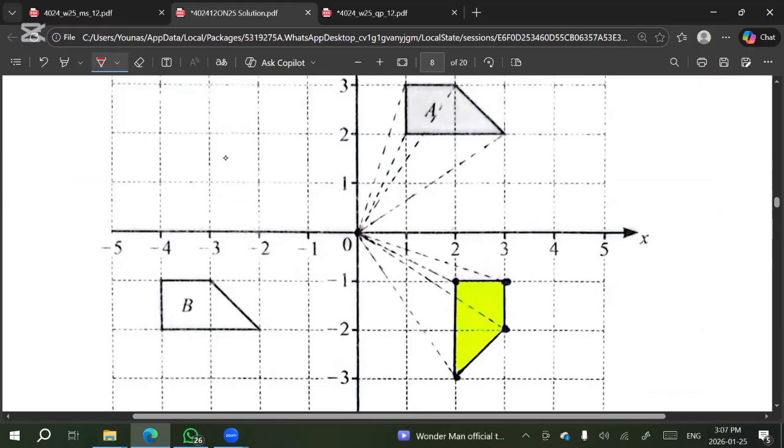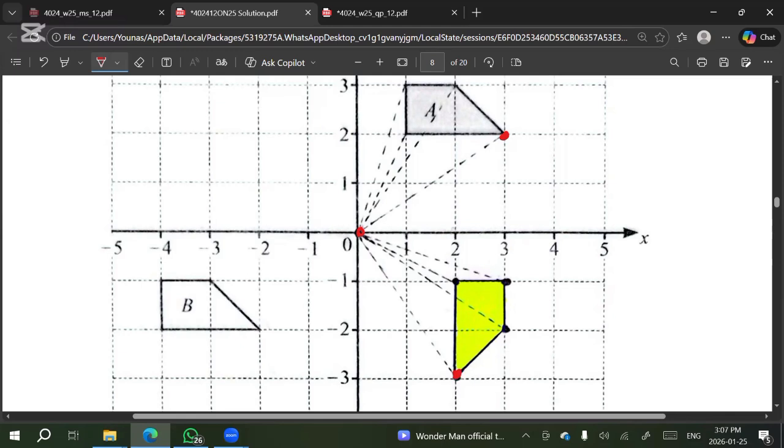So this is your center of rotation. You join this point with it, put your protractor here and mark 90 degrees, and then whatever is the distance from O to this point, which I marked red, the same distance you take here with the help of the scale.